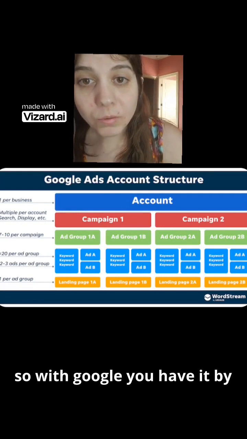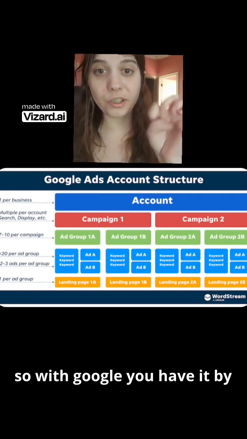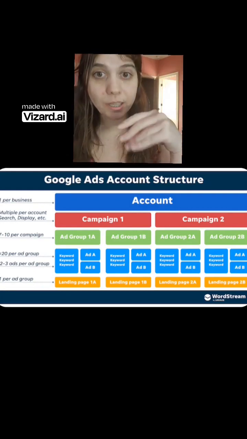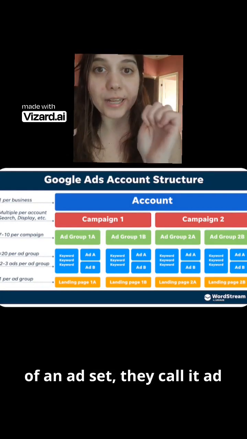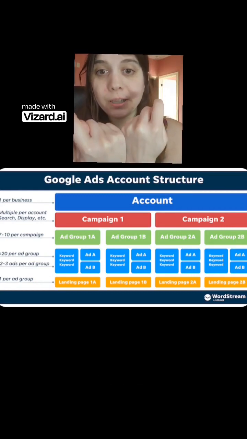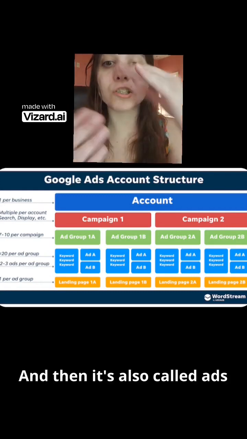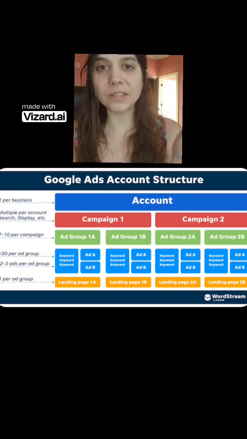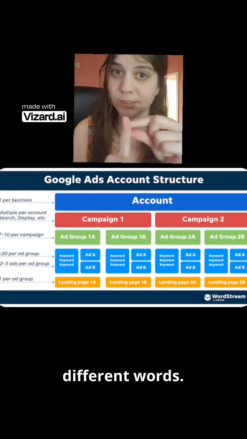And so with Google, it's also by campaigns, but then instead of an ad set, they call it an ad group. And then it's also called ads within the ad group. So, just like different words.